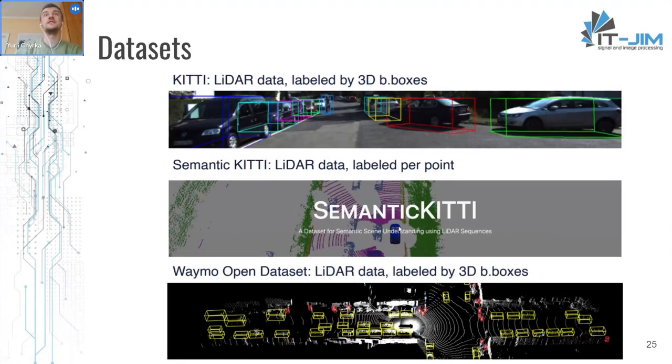So we can see labels of roads, some trees, or maybe grass around the car. And one more example, Waymo Open Dataset, that has similar labels, but here three-dimensional boxes are labeled around point clouds from LiDAR.